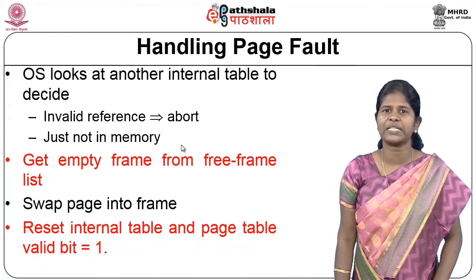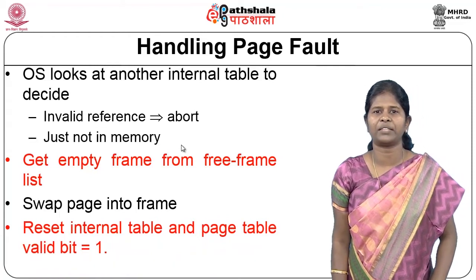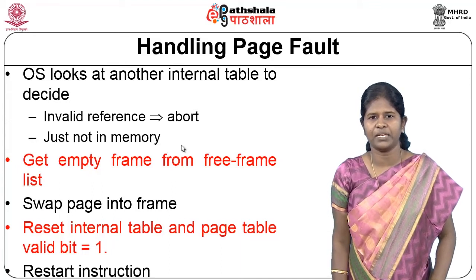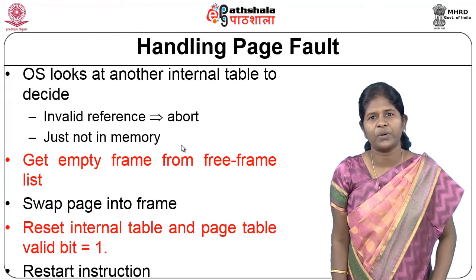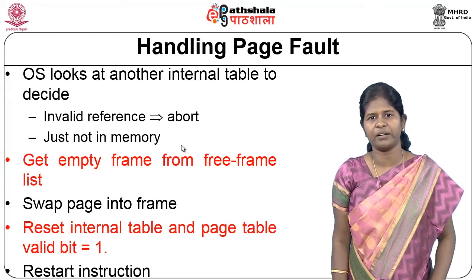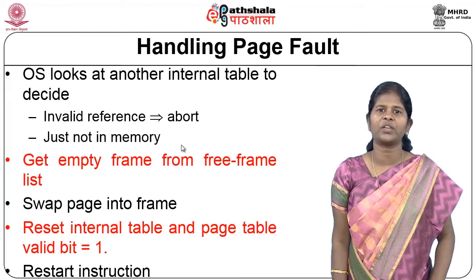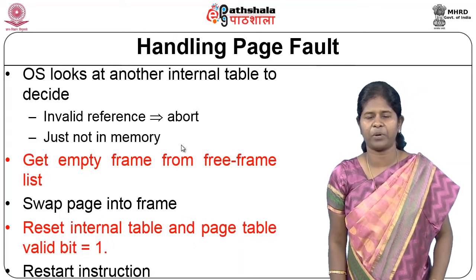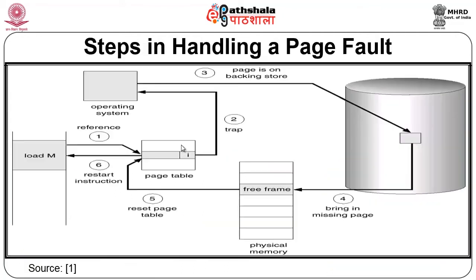You also reset the page table and mark the valid bit as 1, and then you restart the instruction. When the instruction is restarted, you find that the page is now present in the physical memory and the execution of that particular instruction is carried out.